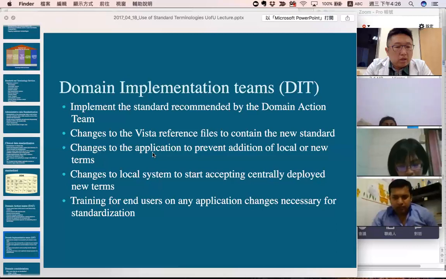Usually they are more subsystem oriented. For example, if one team needs to create a smart drug entry system, the team members need to do all of it. They need to do the architecture and the implementation.